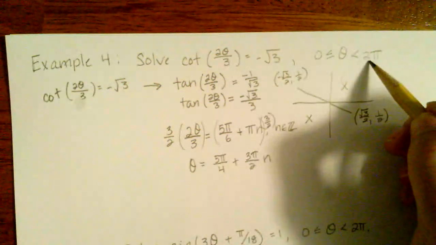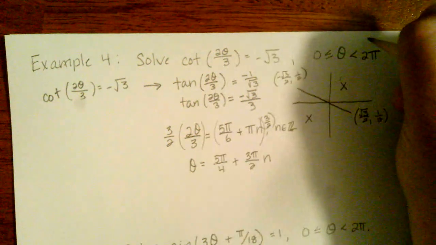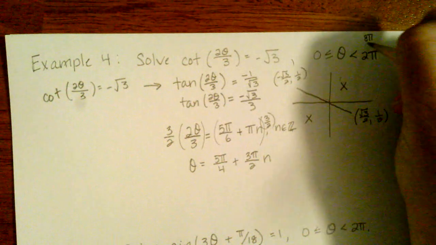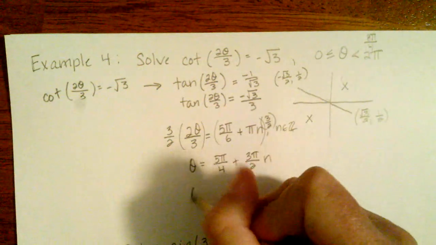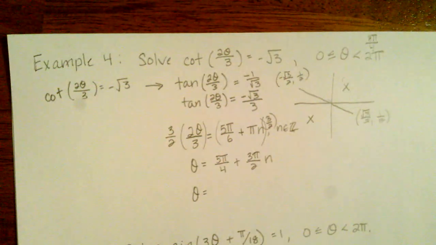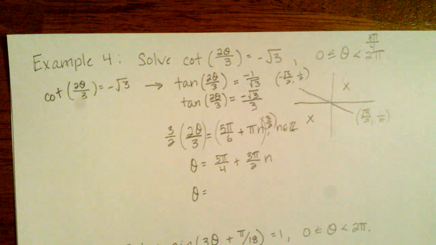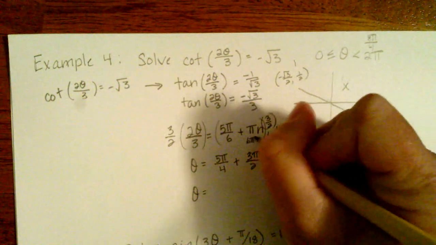So again, I need to put 2 pi in terms of fourths. So this is going to be 8 pi over 4. So theta, I'm also going to put this in terms of fourths. So this is going to be 6 pi over 4.